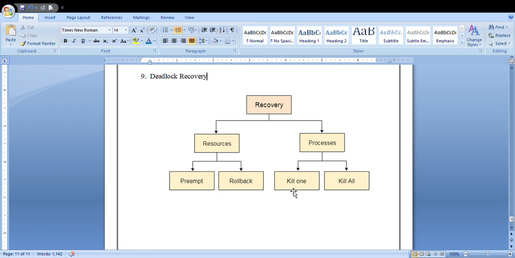All the processes will get terminated at the same time. But what is the disadvantage of kill all? Once you kill all the processes, they will again restart at the same time. That is one of the major drawbacks of kill all in deadlock recovery.